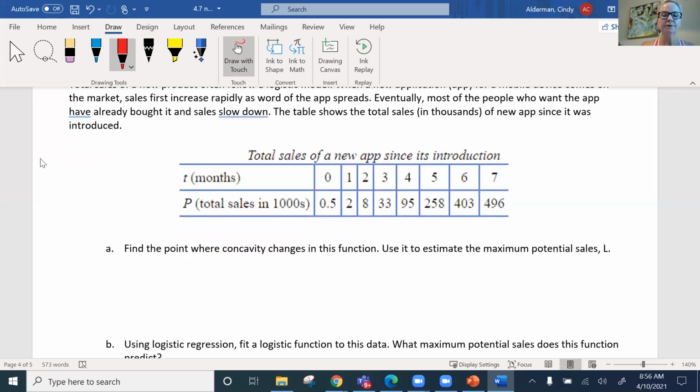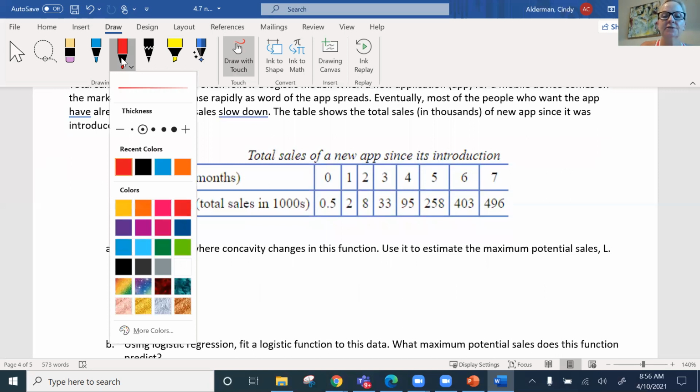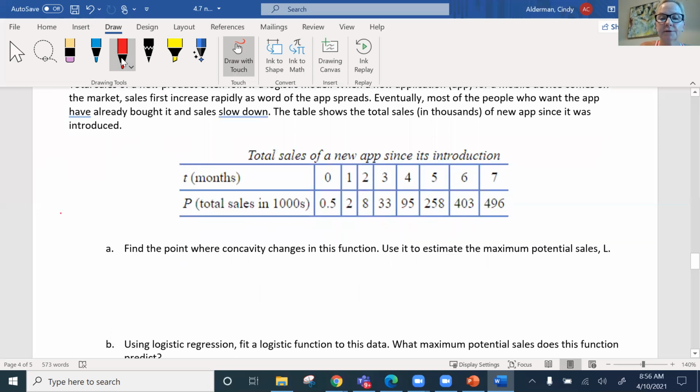All right, so what we're going to do is look at the change in value here, right? The change here would be 1.5. And then between these two, we've got 6. The difference here is 25. So it's growing, right? That's the exponential part where it's growing, the slope.